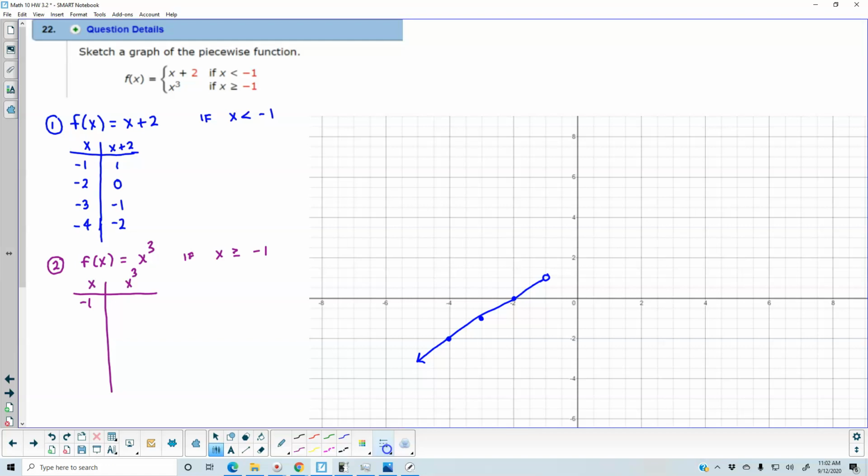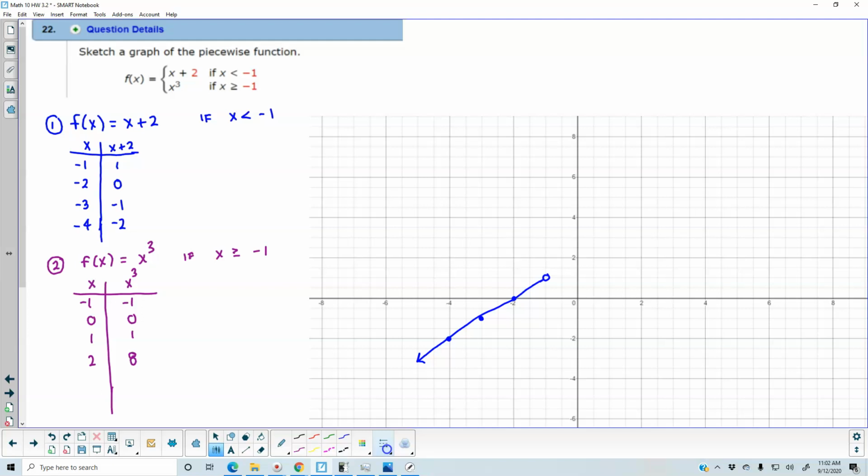So when we plug in negative 1 in for x cubed, negative 1 to the third power is negative 1. Okay, and it's greater than or equal to, so now we're going to have to go to 0. Well, 0 cubed is going to give us 0. Then we're going to go to positive 1. Positive 1 cubed is 1. Let's go to 2. Positive 2 cubed is 8.